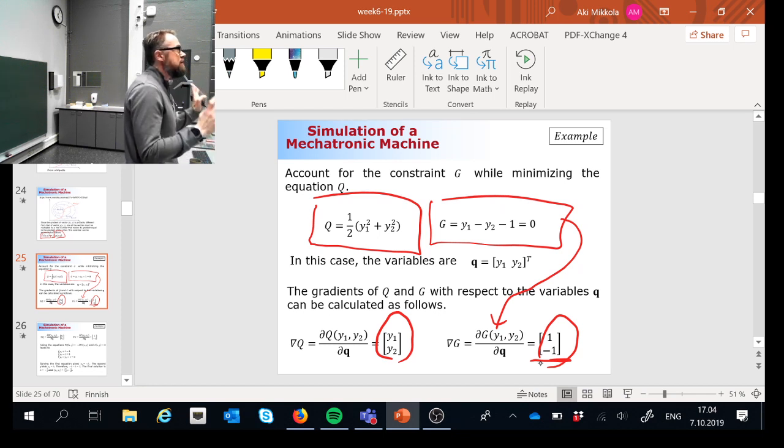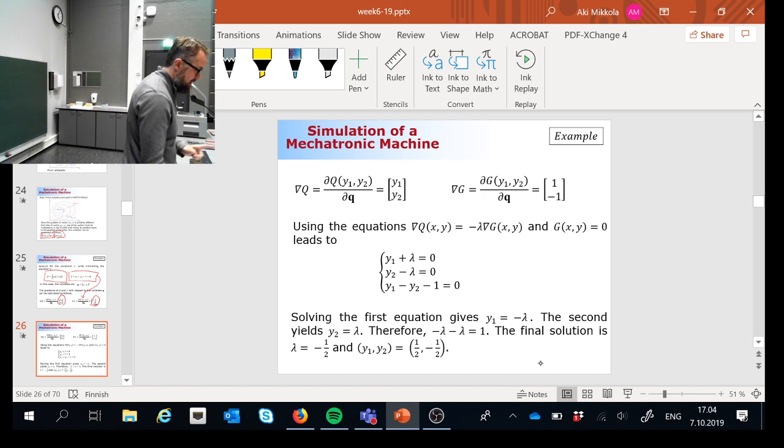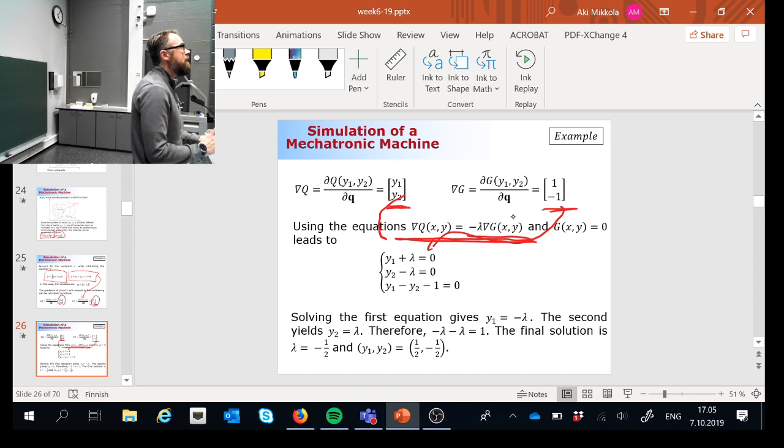But still I need to use these Lagrange multipliers, to ensure that they have the same length. So this is my gradient, and I'm multiplying this one with my lambda. So look at how it goes. This goes here, this goes here. And then I'm still accounting my constraint.